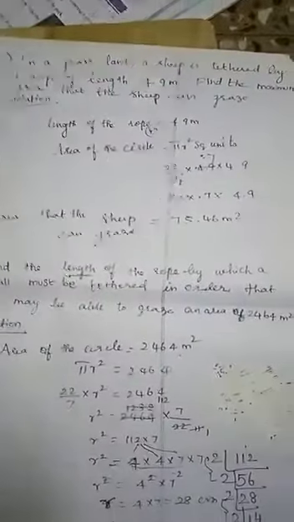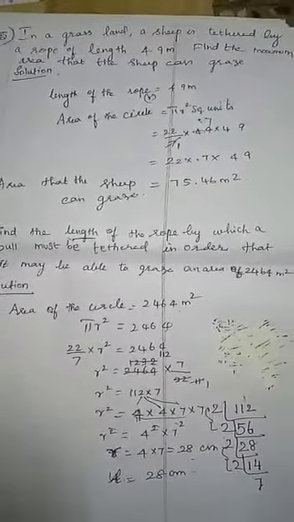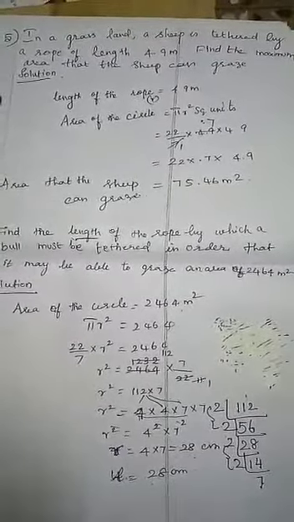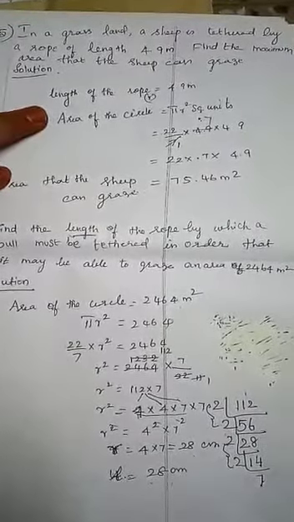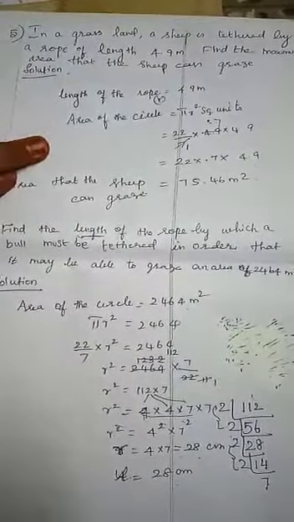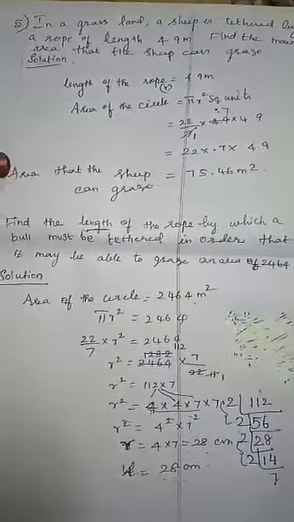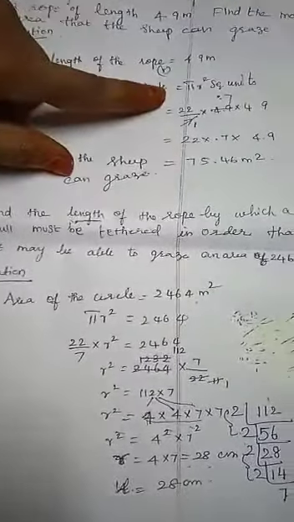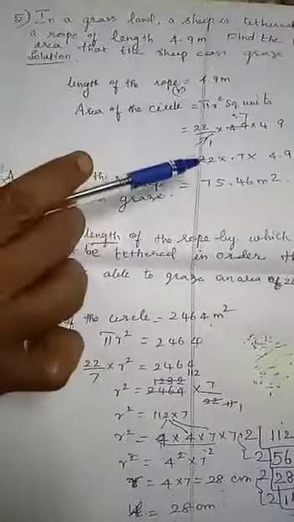Next one, fifth question, children. In a grassland, a sheep is tethered by a rope of length 4.9 meters. Find the maximum area that the sheep can graze. Length of the rope means radius, that is 4.9 meters. Then area of the circle is pi r square units. Pi is 22 divided by 7.